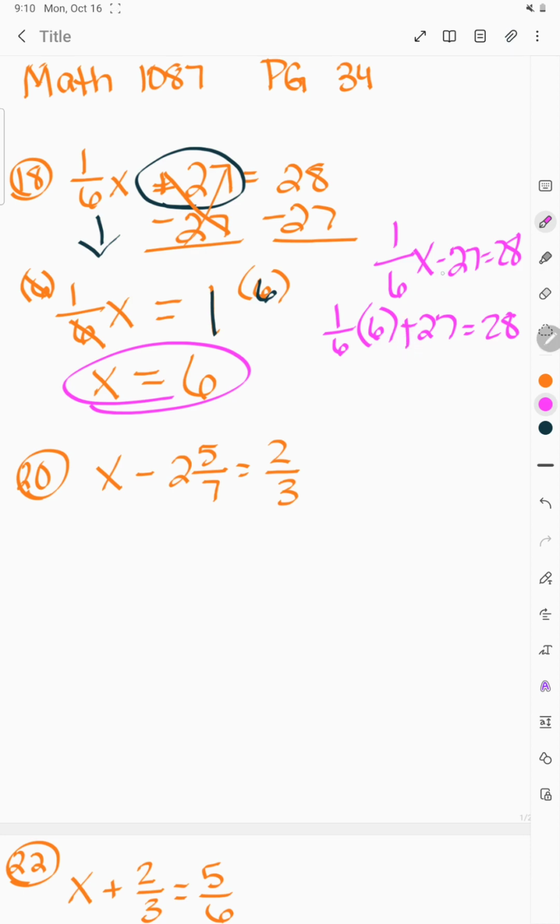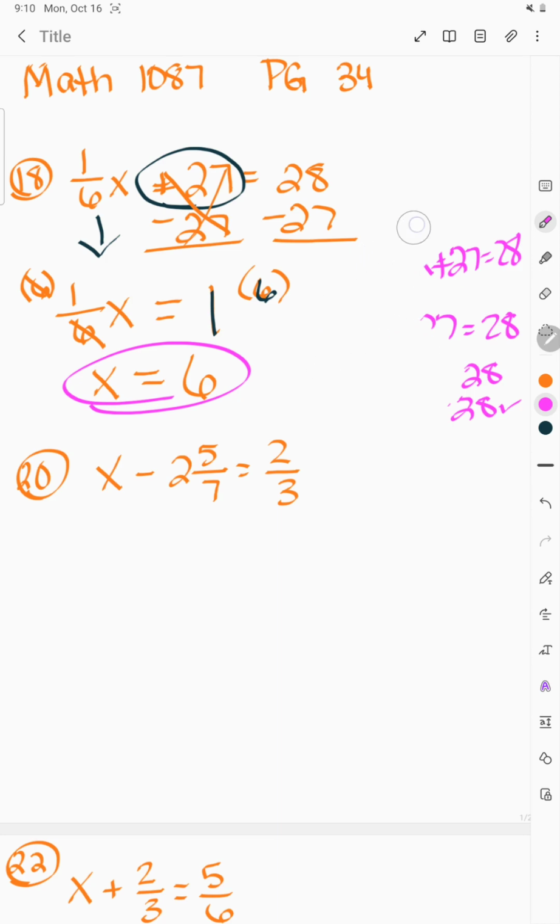That's supposed to be a plus 27. That was the original problem. Because 1/6 times 6 is going to be 1, plus 27 equals 28. 1 plus 27 is 28. 28 is equal to 28.